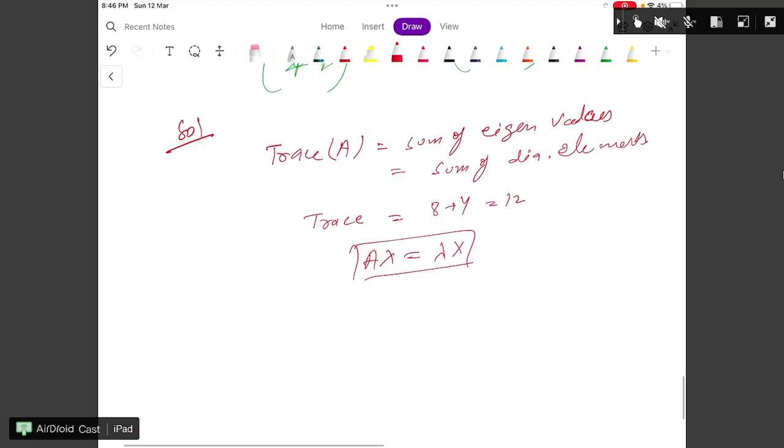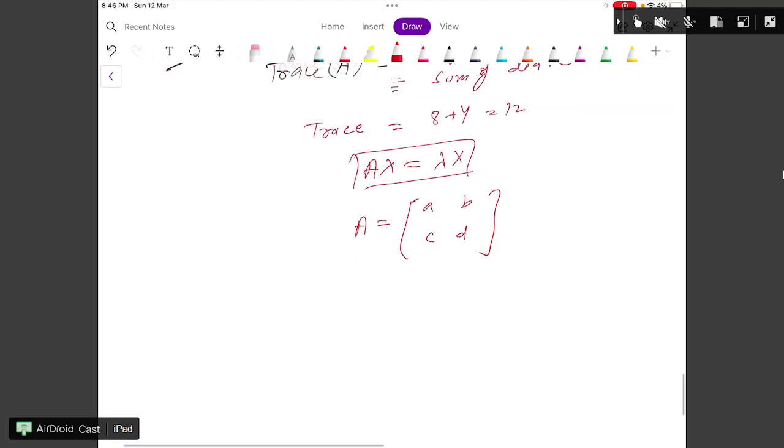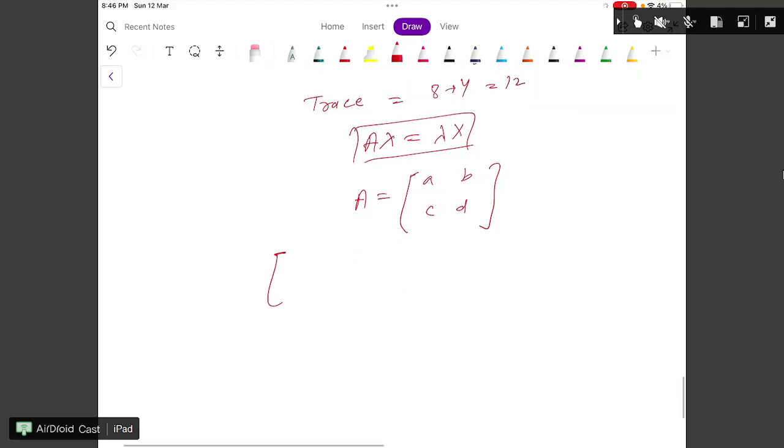Suppose the problem is asking for the matrix. Suppose the matrix A is a, b, c, d. Consider these as the elements of the given matrix A. It will satisfy Ax equals lambda x. So just substitute a, b, c, d. X is the given vector.